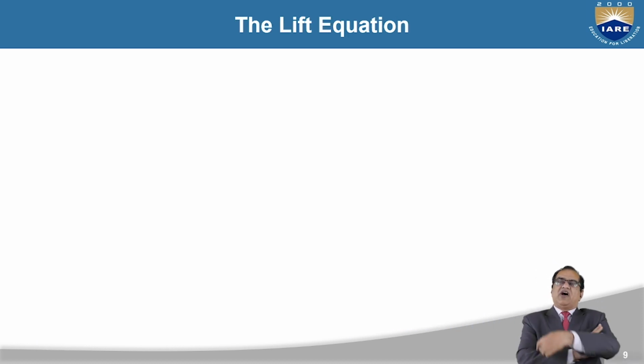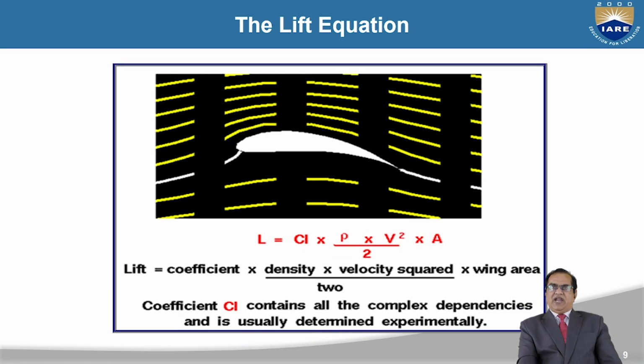Now I will talk something about the lift, because as of now we have seen that airfoils are used to generate lift, and to see how lift is produced, some equations are required.